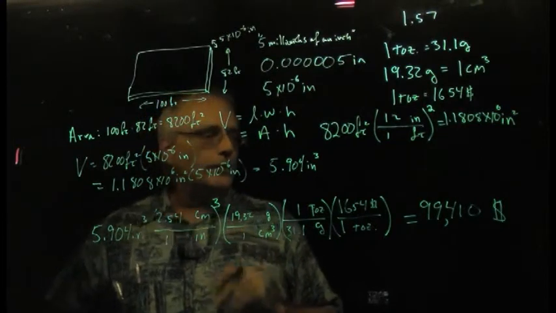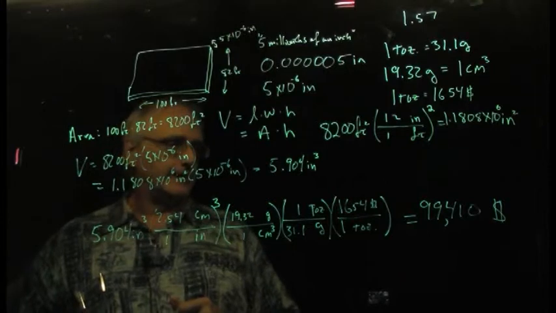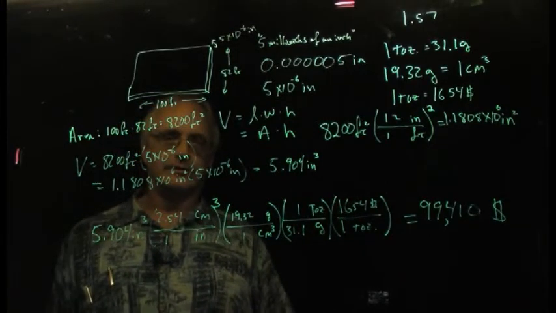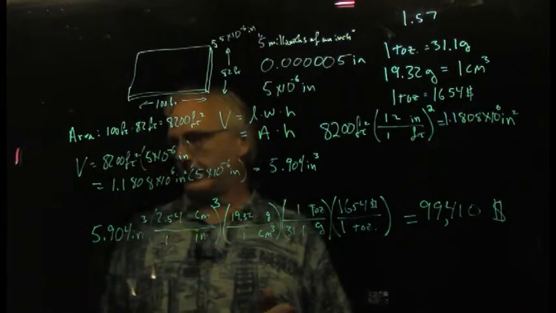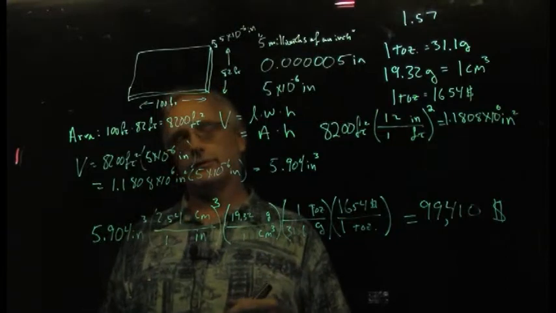Now, one thing you see when you look up the problem in the back of the text, because this one does have the answer back there, the answer that they give is not $99,000. In fact, it's closer to $60,000, 6 times 10 to the 4th.